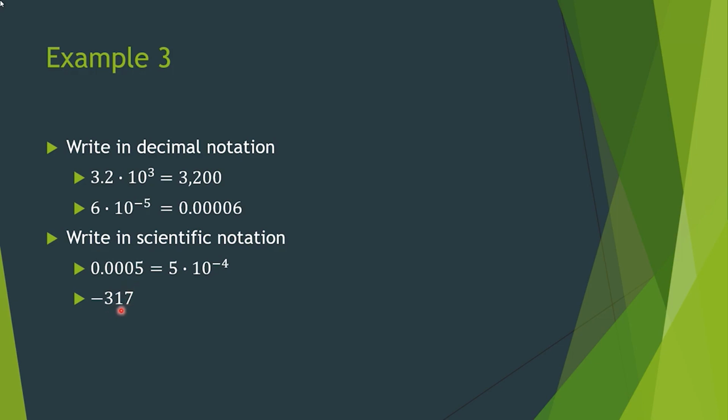So here I'm moving the decimal, so I move it twice between the 3 and the 1. And since it started off larger than 1, again ignoring the sign, it's going to be a positive exponent, which means a positive 2. So it'd be negative 3.17 times 10 raised to the second power.